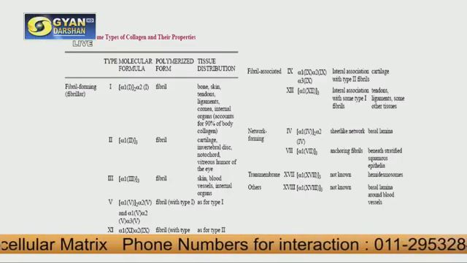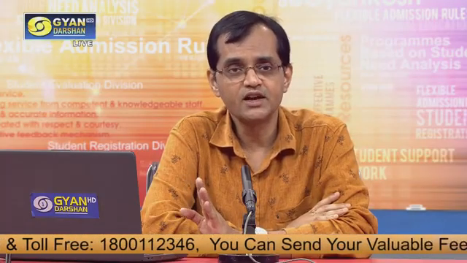So these are the 4 main categories of collagen. We won't be discussing too much detail on that, but fibrillar collagen is the most important. We will discuss the structure of the fibrillar collagen, and then take a look at the difference between the fibrillar collagen and the fibril associated collagen. These 2 points we can take up and have a discussion on.